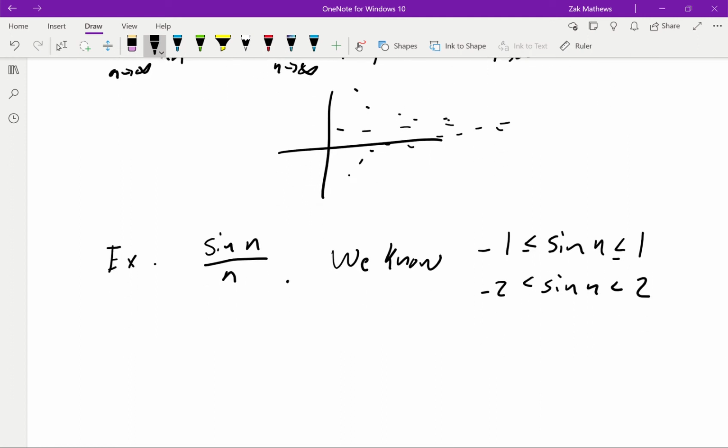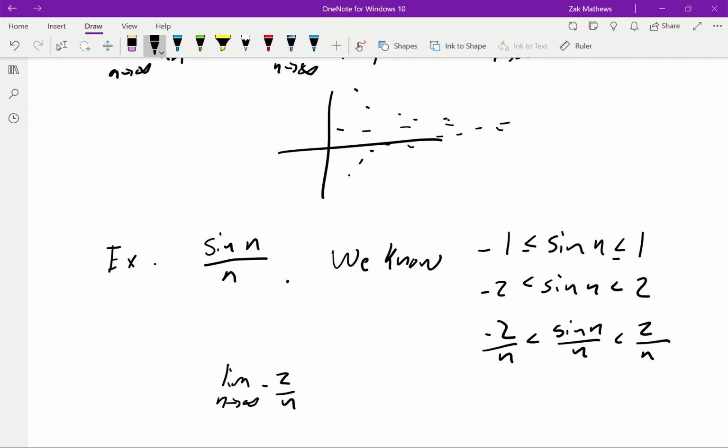And so what that also means is that -2 over n is definitely going to be less than sine n over n, which is definitely less than 2 over n. So we've restricted our sine function to being between these other two functions, -2 over n and 2 over n. And we can also very easily find the limit as n goes to infinity of -2 over n.